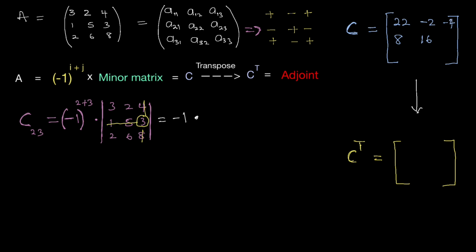So the determinant will be 6 times 3 minus 2 times 2, open bracket, 6 times 3 minus 2 times 2, and that's equal to minus 1, and 6 times 3 is 18 minus 4, and that'll be 14 times minus 1 is minus 14, and the cofactor element will be minus 14.